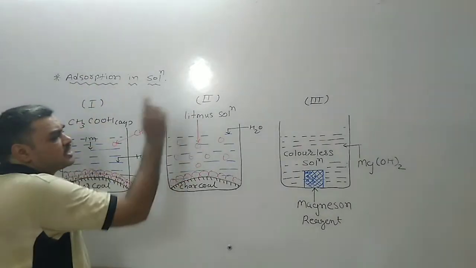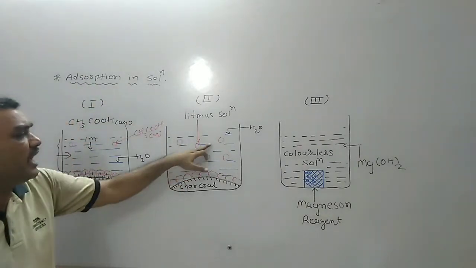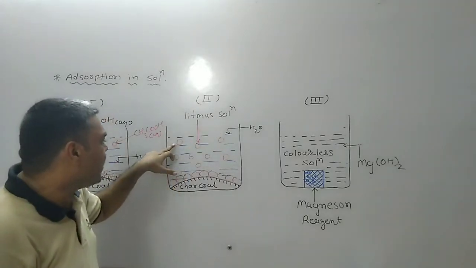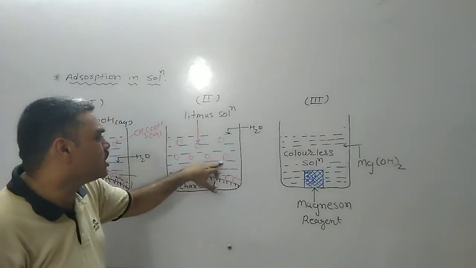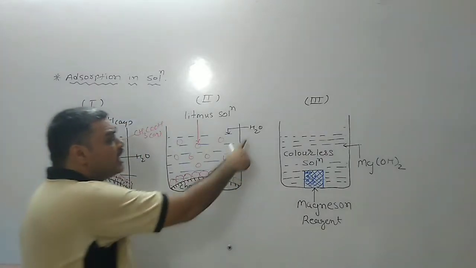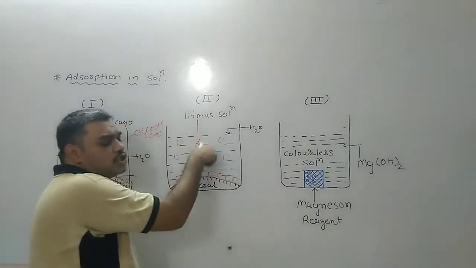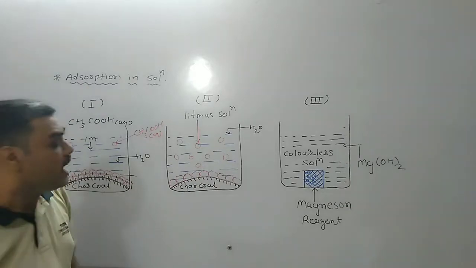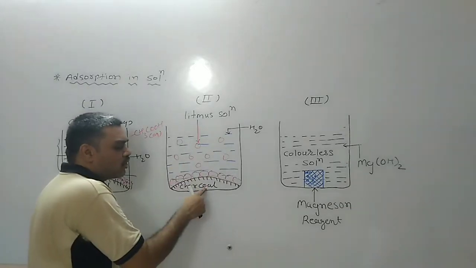In the second example, we take a litmus solution. The red dots are the solute molecules of litmus in water, forming a homogeneous solution, and we add charcoal.